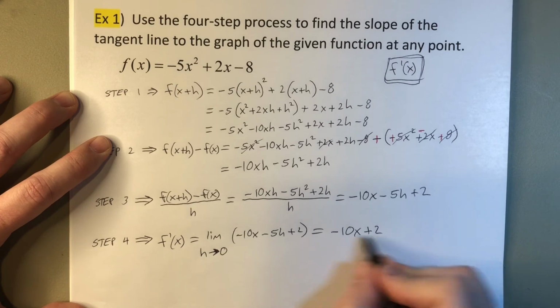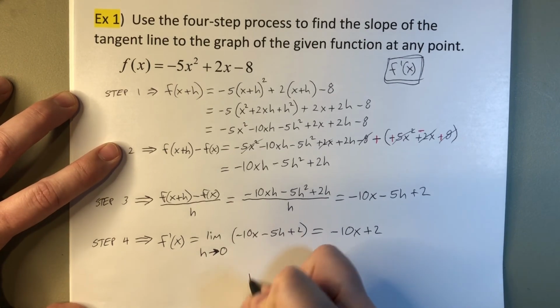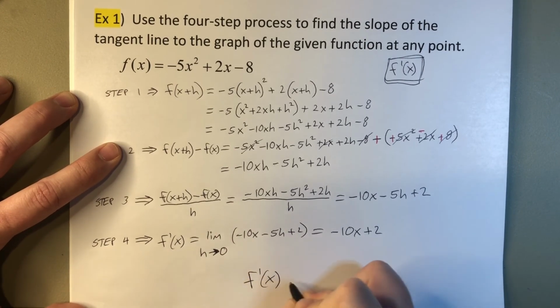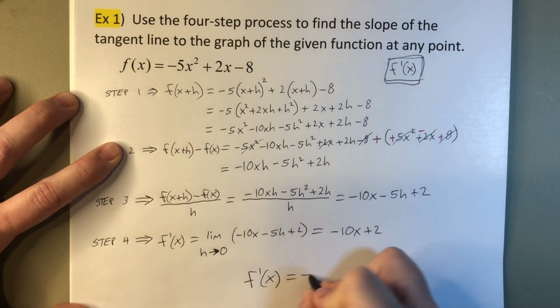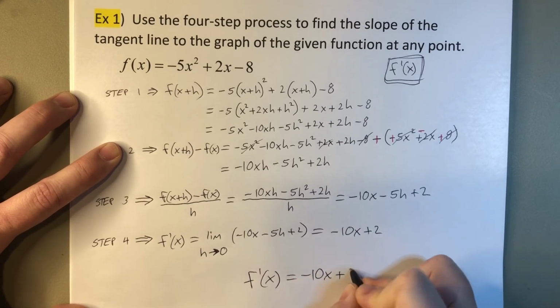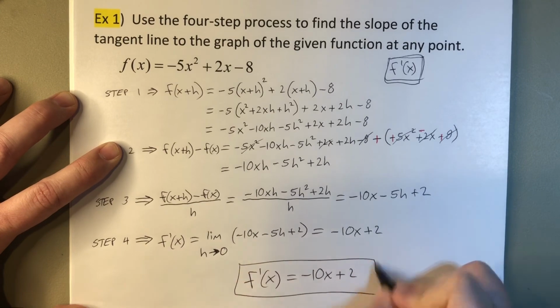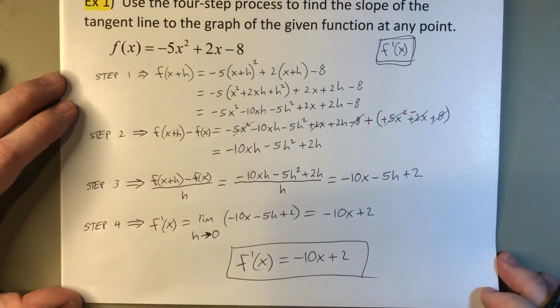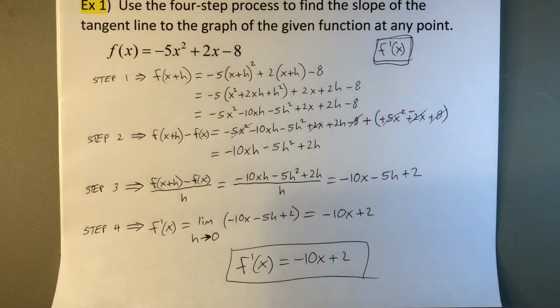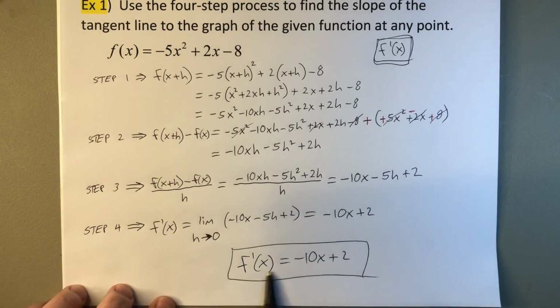And this negative 10x plus 2, folks, is the first derivative of the function f. We just used a 4-step process, the definition of the first derivative, to come up with this result.